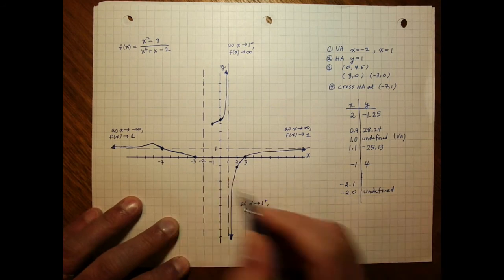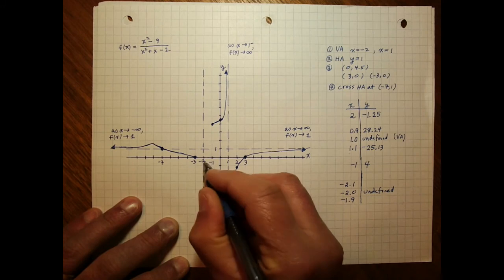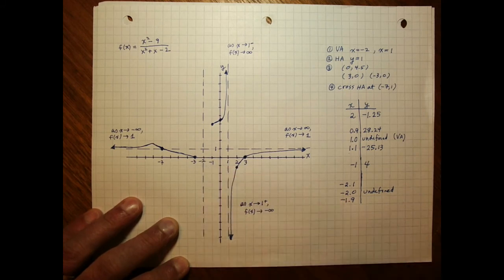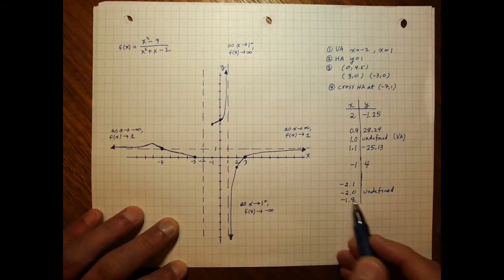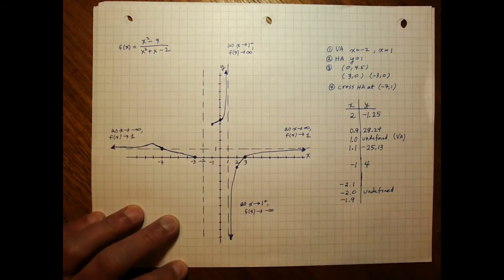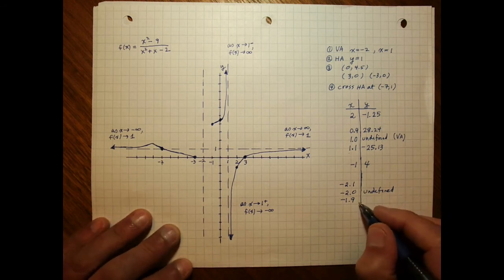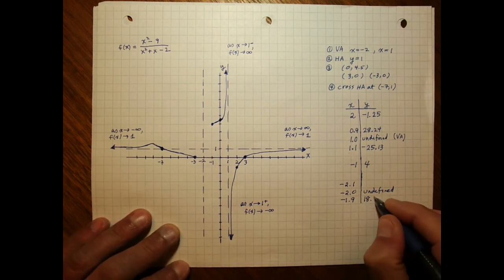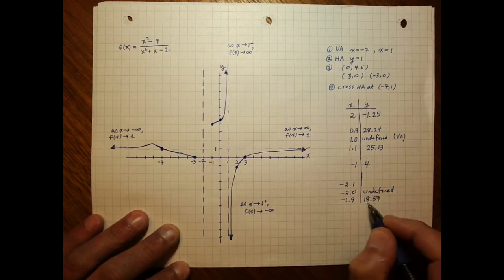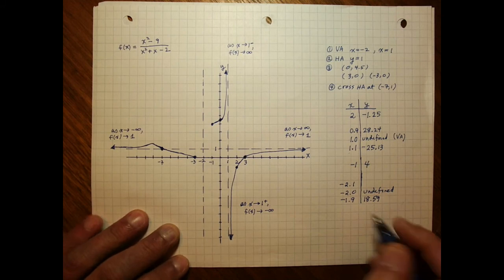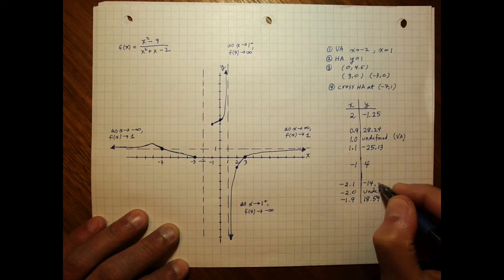That's to the left, and -1.9 we would say is slightly larger, right? That's just a little bit to the right. And you could evaluate the function at these 2 values using a calculator or Desmos. At -1.9, I got 18.59. Again, it was an ugly decimal, so I rounded off at 2 places. At -2.1, I got -14.81.